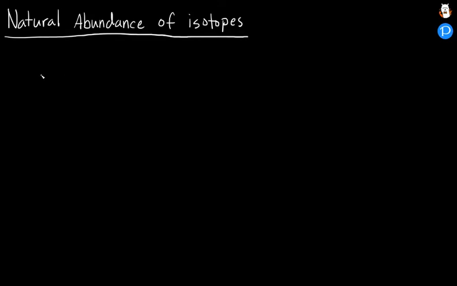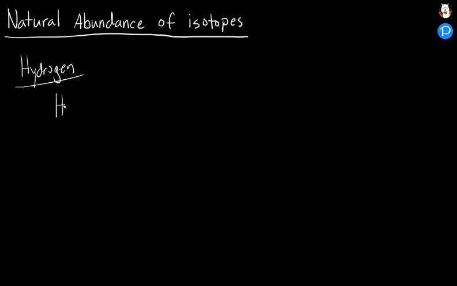So again, last week we were talking about how we've got these different versions of elements. In other words, not all atoms of an element are exactly the same. If I were to look at, let's say, hydrogen, we would see that not all atoms of hydrogen are exactly the same.